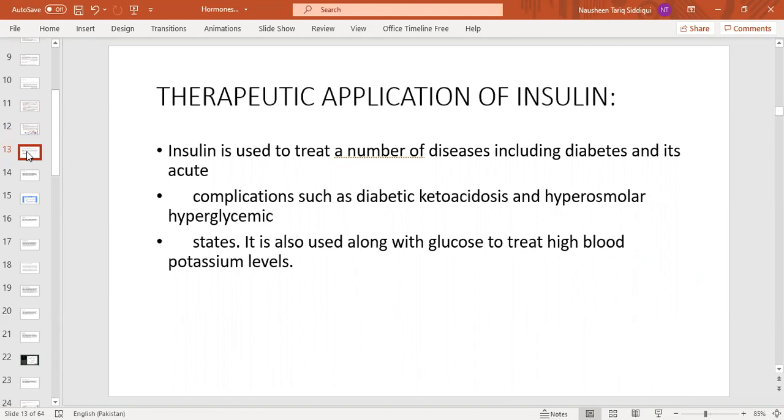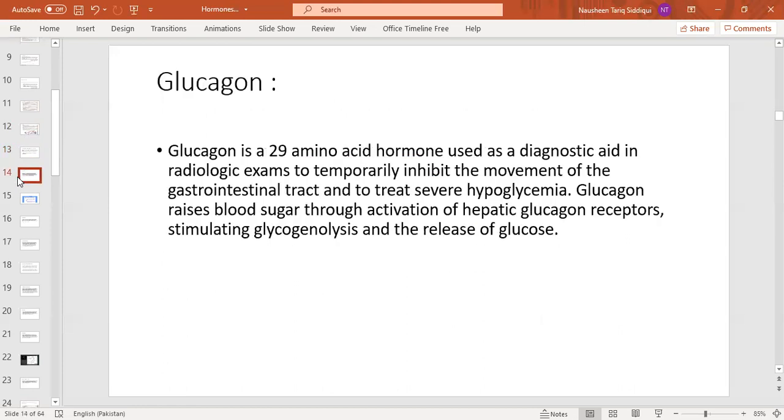Insulin is used to treat a number of diseases, including diabetes and its acute complications such as diabetic ketoacidosis and hyperosmolar hyperglycemic states. It is also used along with glucose to treat high blood potassium level.